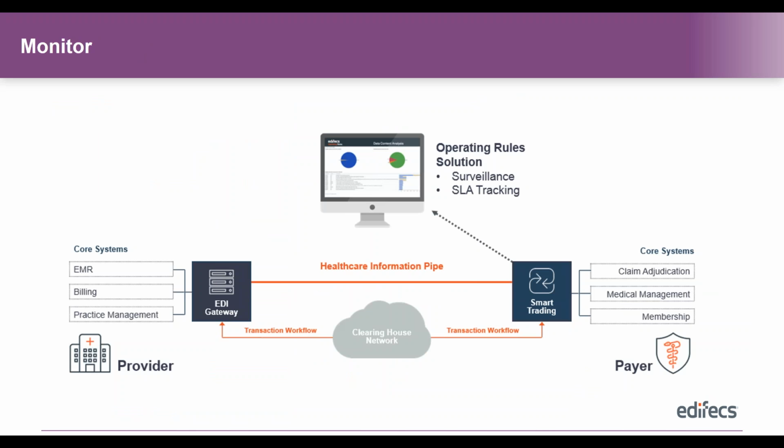So I talked about testing, which is very easy to use, but as you move beyond testing, like I mentioned, you have to go to monitoring. Here's an example. If a payer wants to monitor all the live production data that has been exchanged with providers, maybe through a clearinghouse, it may go to the backend systems. What we do is we sit in the middle, and a copy of all the transactions is reported to this monitoring module. This module does not interfere with your production flow.